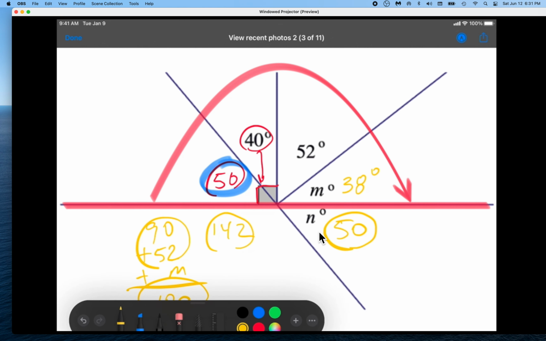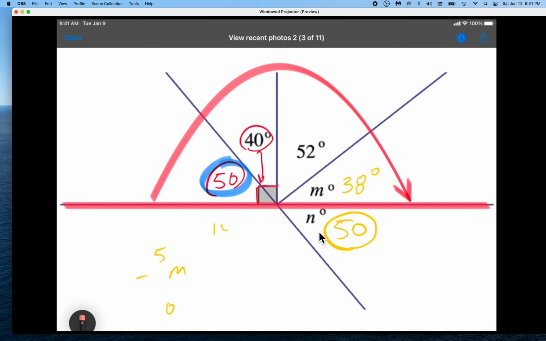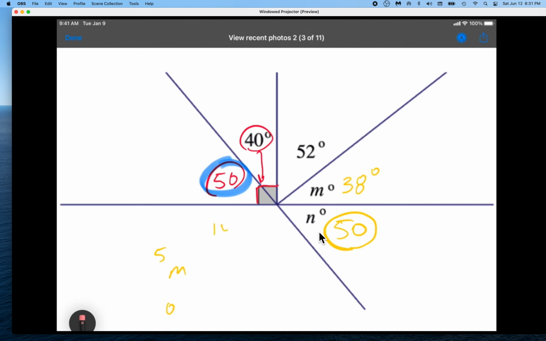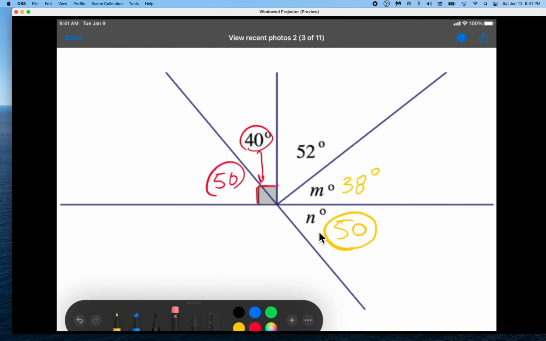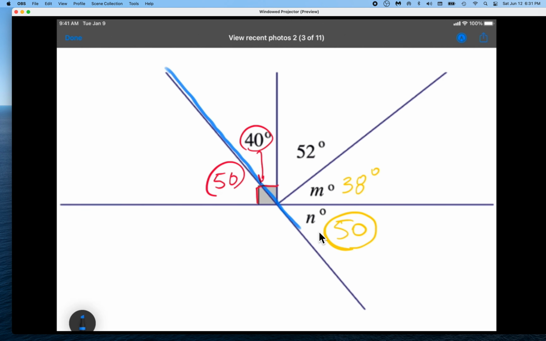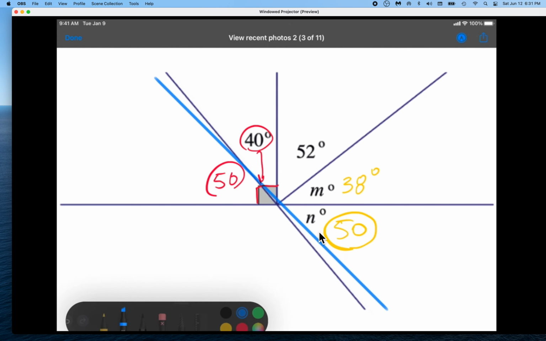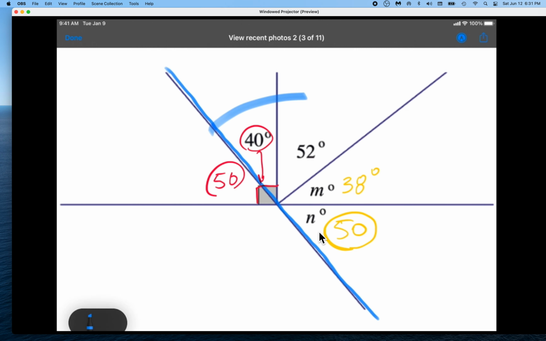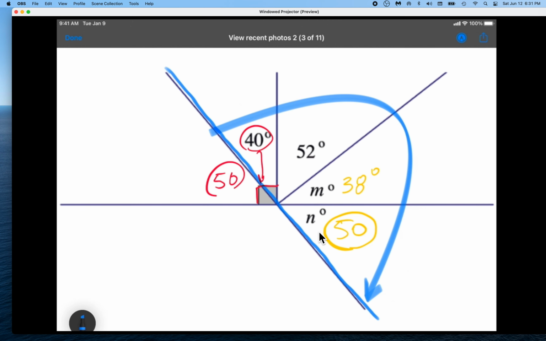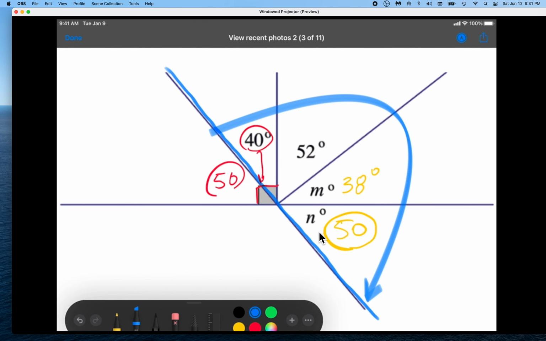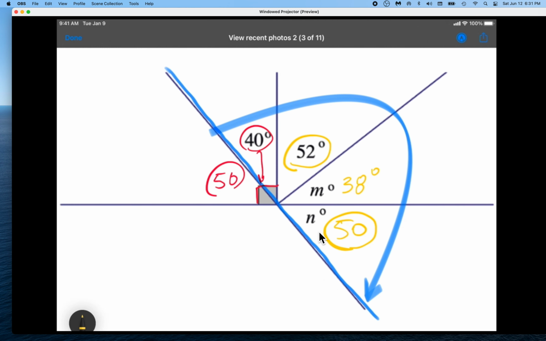Another way to prove that is the fact that this distance here has to equal 180. And if you add up all of these, you will get 180. That confirms that that should be 50.